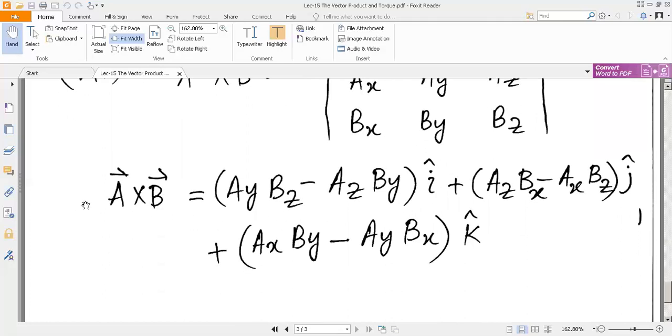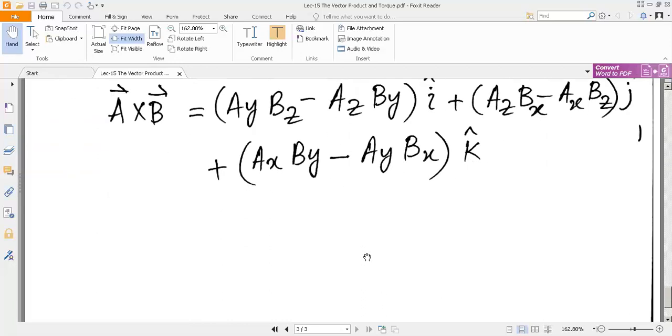Then we can evaluate this determinant in the conventional way, and we say that A cross B will become equal to (AY BZ minus AZ BY) into the I unit vector plus (AZ BX minus AX BZ) into the J unit vector plus (AX BY minus AY BX) into the K unit vector.